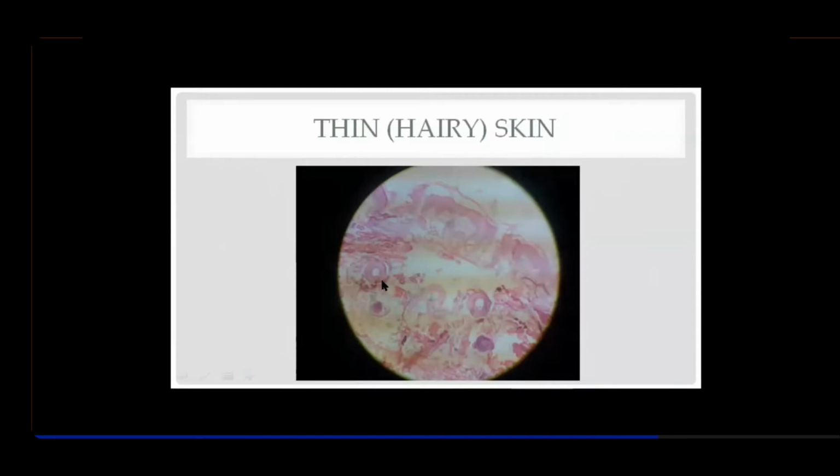Down below, sometimes when you take sections of the slide, it's not always horizontal, it may be transverse, oblique, whatever. So there you find that the hair follicles have been cut transversely, and the rest of it is the connective tissue, the superficial fascia.